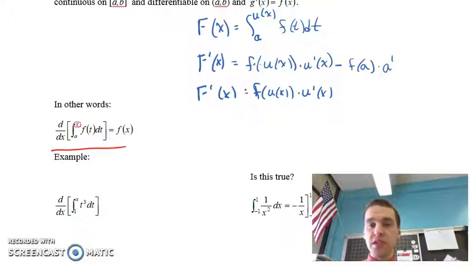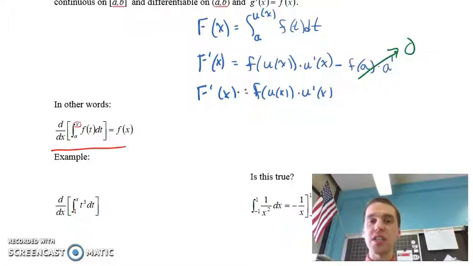When you do this, you get f of u of x. You plug in u of x, but you have to multiply by the derivative of u of x, which is u prime of x, subtracted from f of a, plugged in a, times the derivative of a. Well, if a is a constant, this can just go to 0.